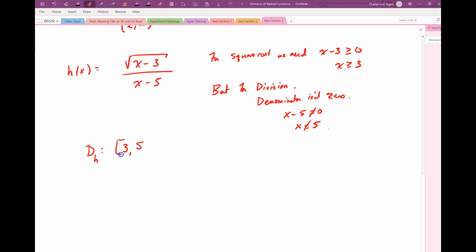And I get to include 3. How come? Because of this greater than or equal to. If I plug in a 3, that gives me 3 minus 3 in the numerator, which is 0, and the square root of 0 is defined. And then 3 minus 5 in the denominator, which is no problem. So I can plug a 3 into this function, but I cannot plug a 5 in, unioned with 5 to infinity. That's the domain of this function. I hope this is helpful.